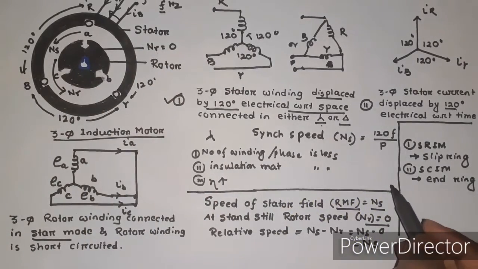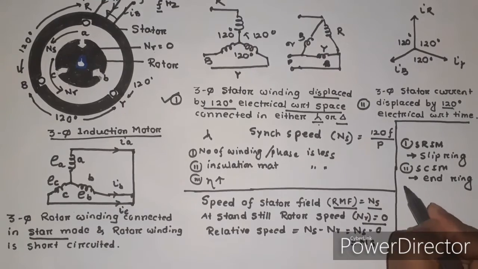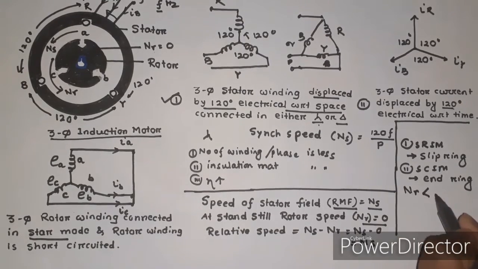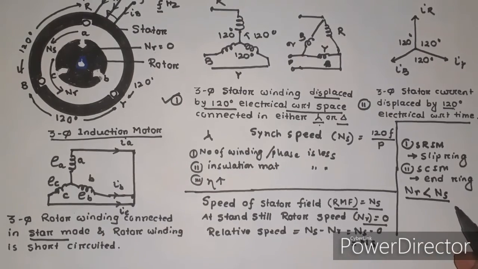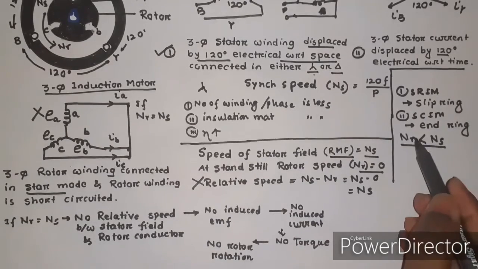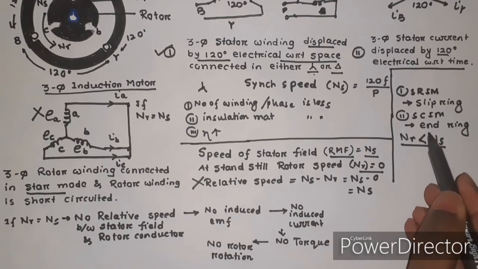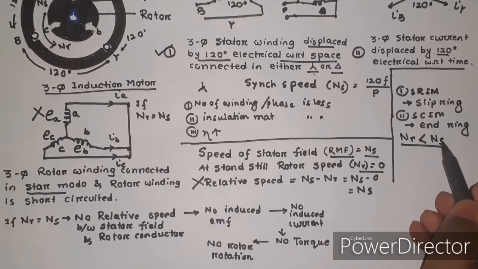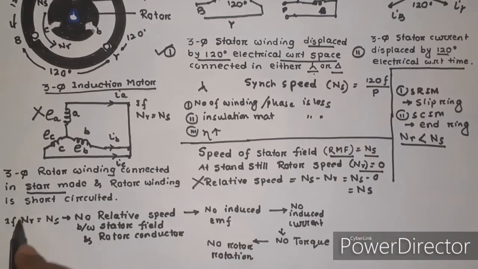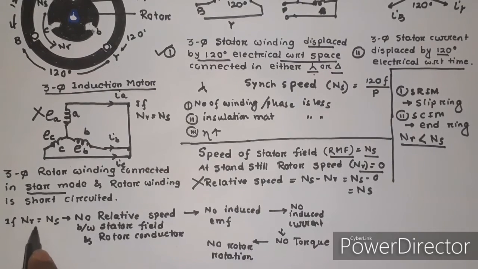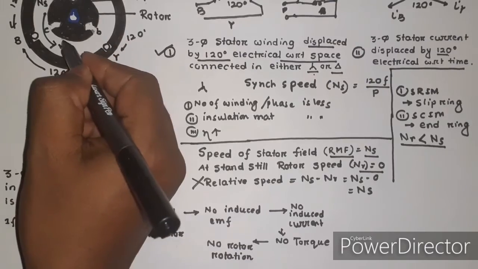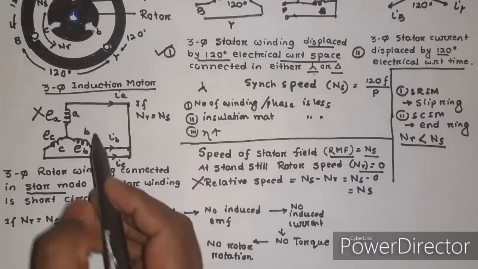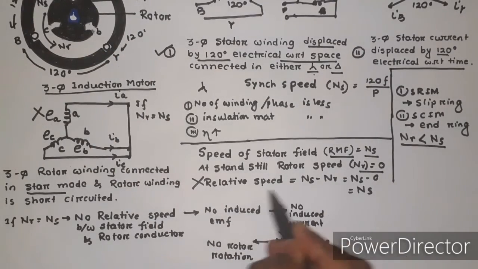But always the rotor speed nr must be less than the synchronous speed ns. If by chance the rotor speed becomes the synchronous speed, that means ns and nr become equal, then there would be no relative speed between the stator field and the rotor conductor.